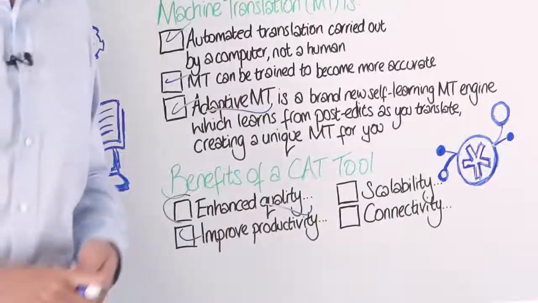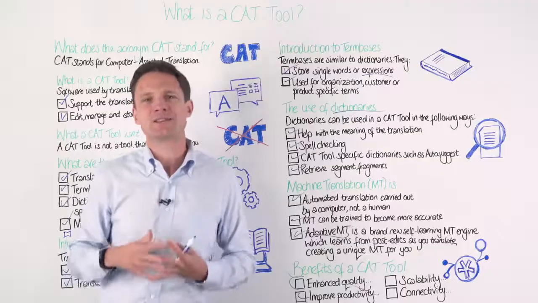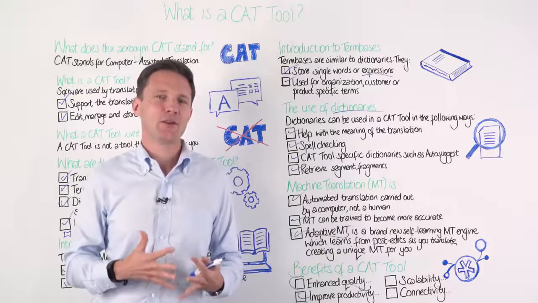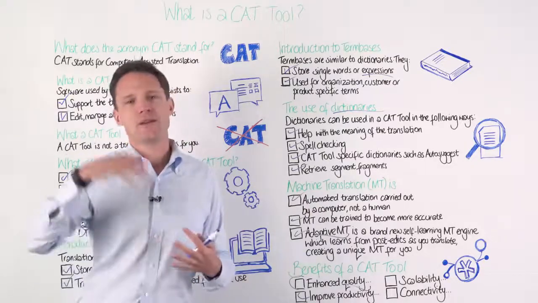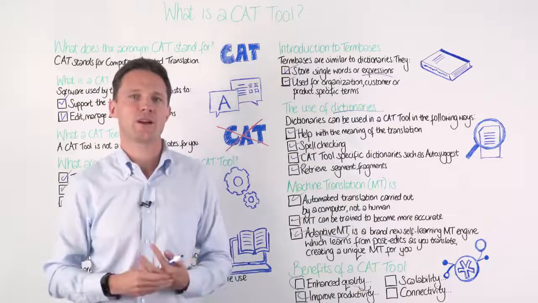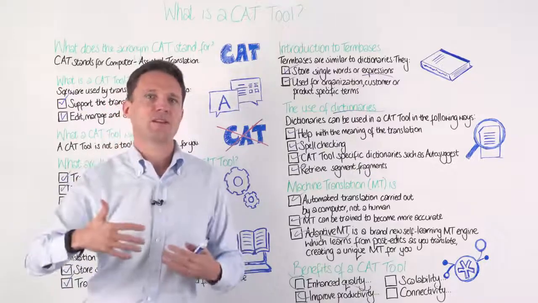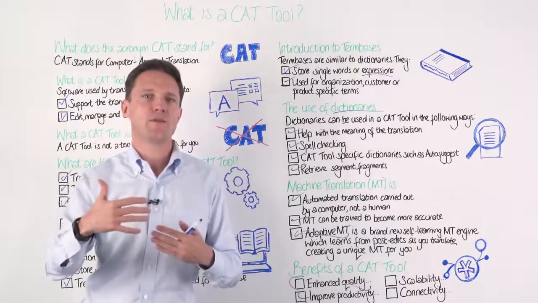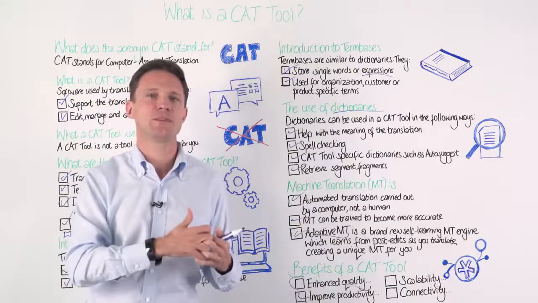Of course, it improves productivity. What is productivity? Basically, it's translating faster. So if you are using a CAT tool, you can translate faster. Some of your translations are reused and you can work in a quicker way. In some cases, this can be significant. Sometimes, for some type of content, you might have 70–80% of content translated before.